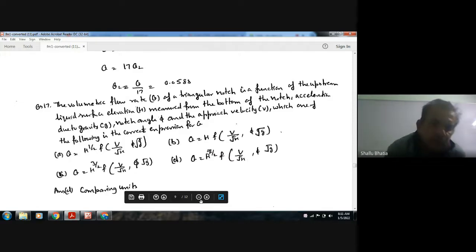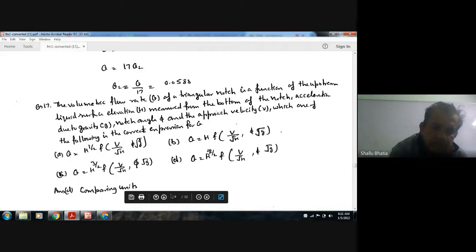Option A: Q equals h to the 1/2 times a function of V by root h, phi, root g. B: Q equals H times a function of V by root H and phi, root g. C: Q equals H to the 3/2 times a function of V by root H, comma phi, root g. And D: Q equals H to the 5/2 times a function of V by root H, phi, root g.